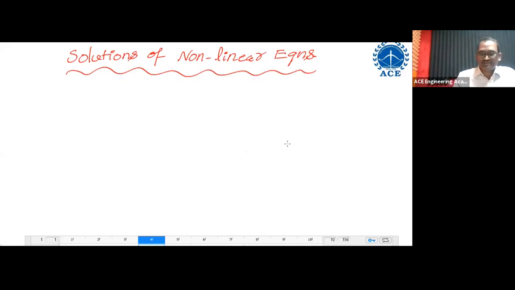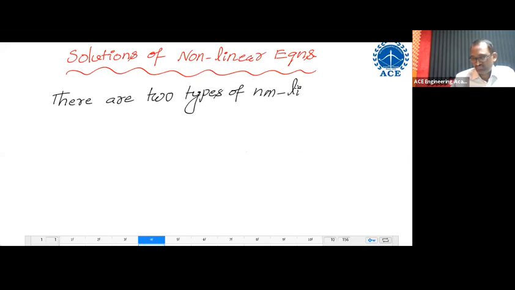Let us write the definition. There are two types of nonlinear equations.